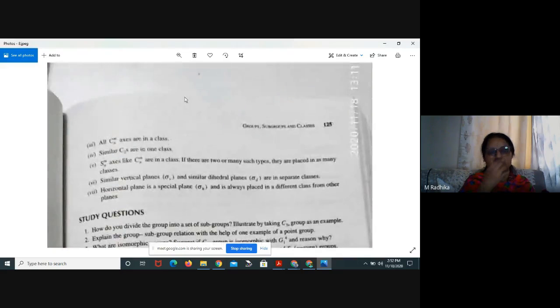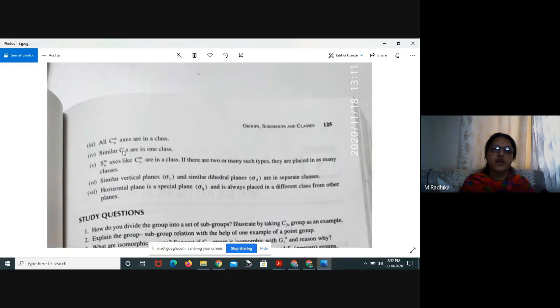Then all the rotations, that is C31, C32, or C41, C42, C43, will become one class. So E will become one class, i will become one class, then rotations will become one class.